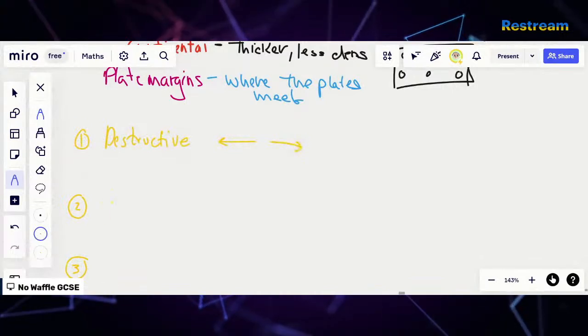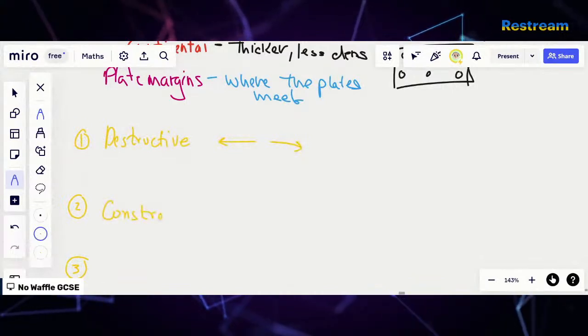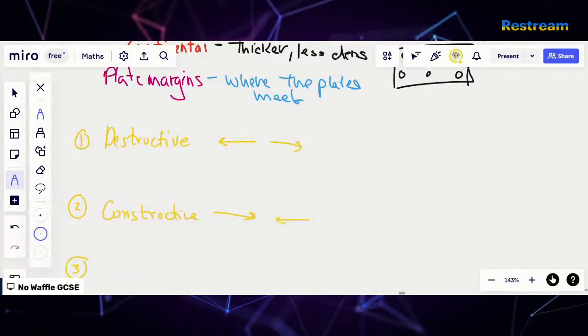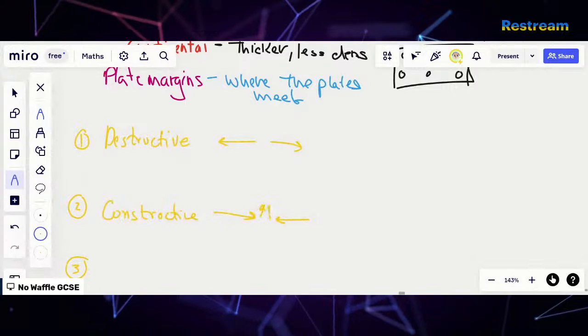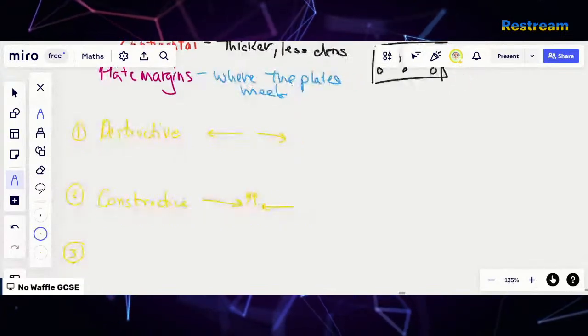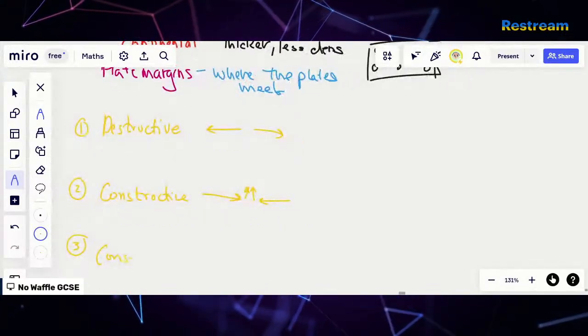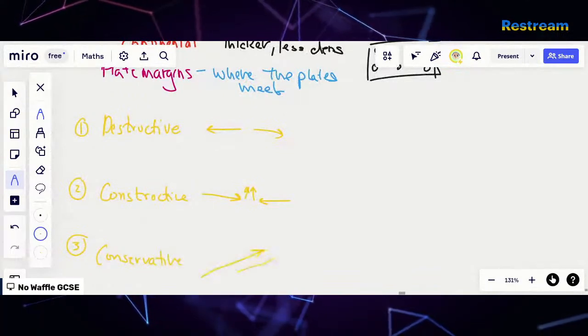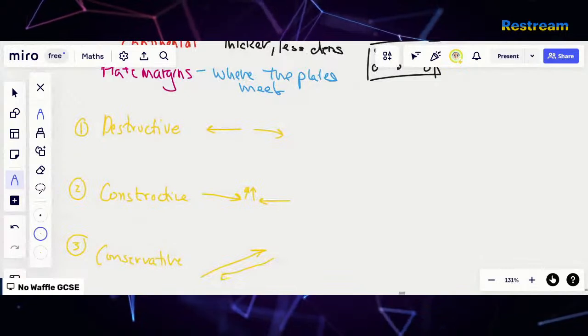The second is constructive, where the plates collide with each other and then both move upwards. And then the final one is conservative, where the plates slide past each other in different directions or at different speeds.